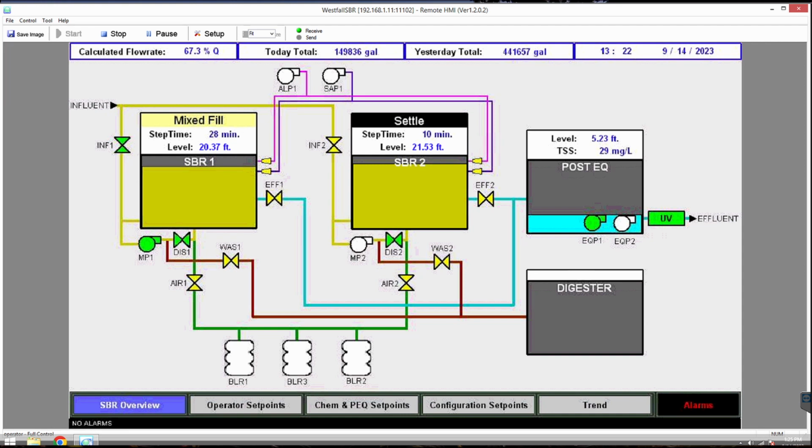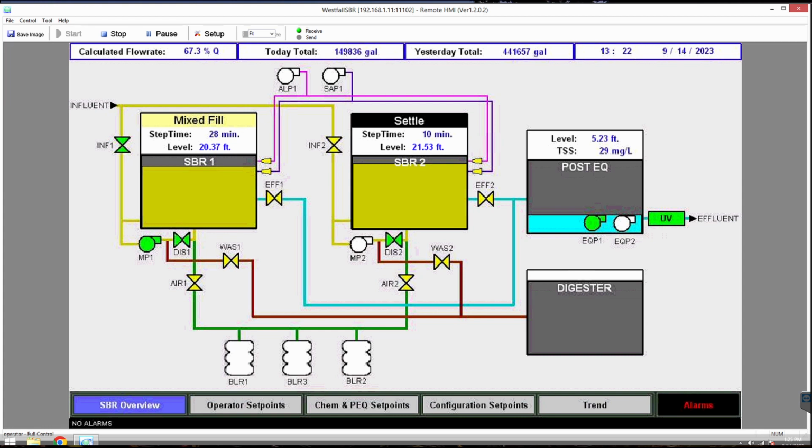Instead of all this timing to guess if you're getting the right DO, it's so much simpler to just put a DO probe in and say go between these controls. You're not guessing, are we in anoxic? Is the timing right? You'll just know. You can chart it and see, yes, we are definitely in anoxic.